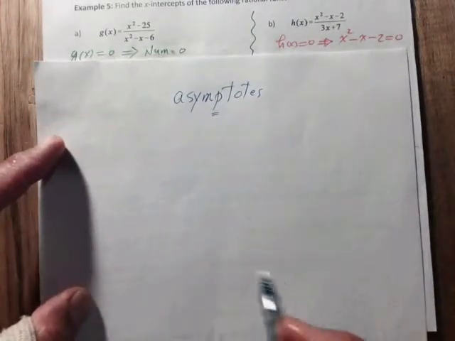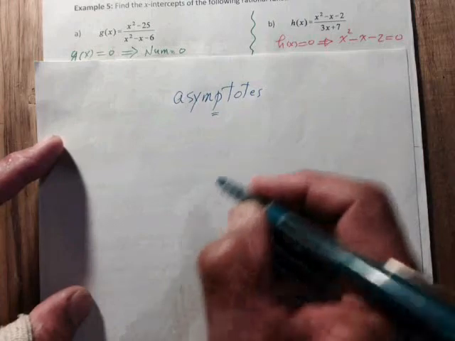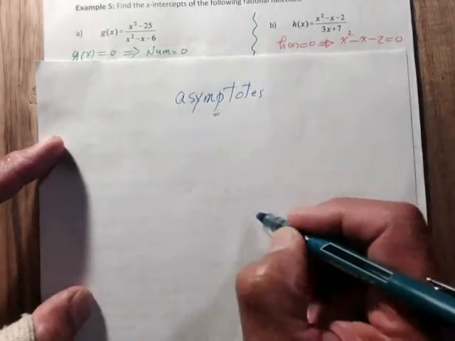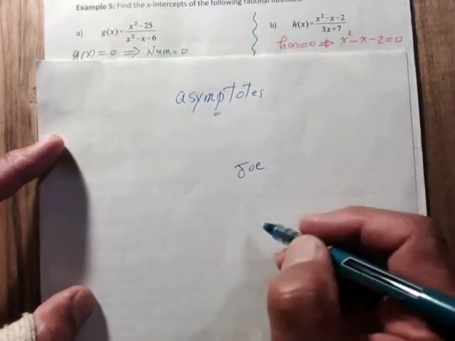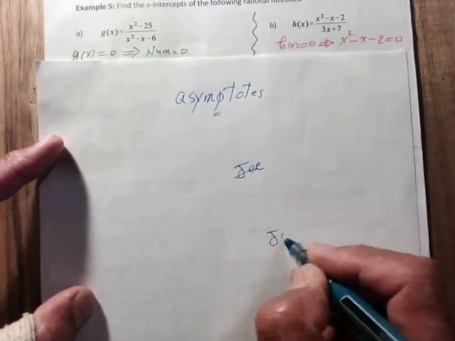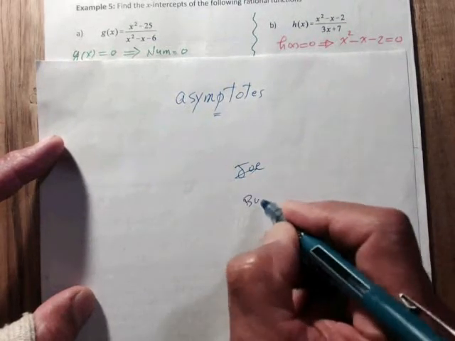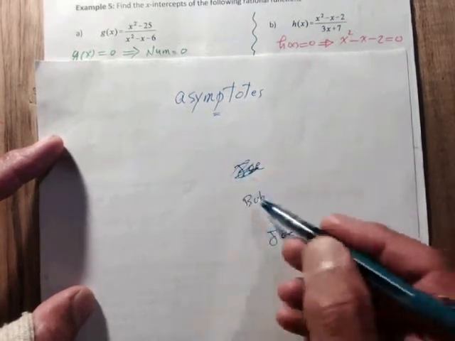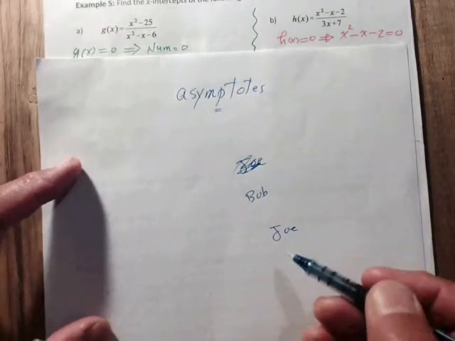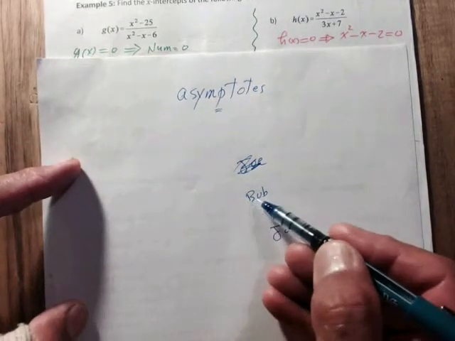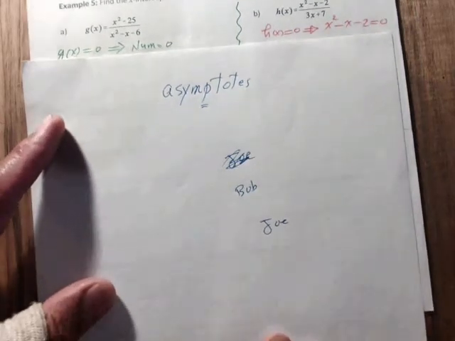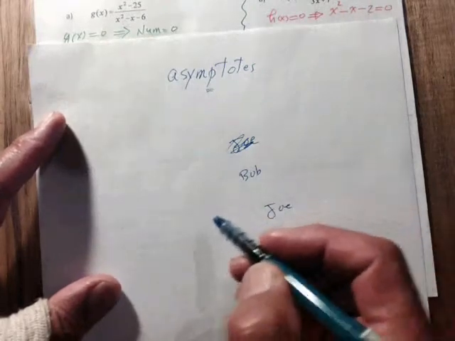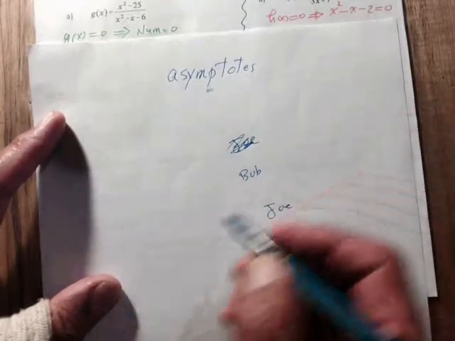The best way for me to explain this, think of, let's say, Joe and Bob. Joe and Bob are friends. In other words, Joe just met Bob a few days ago, and they spend a lot of time together, become really good friends.